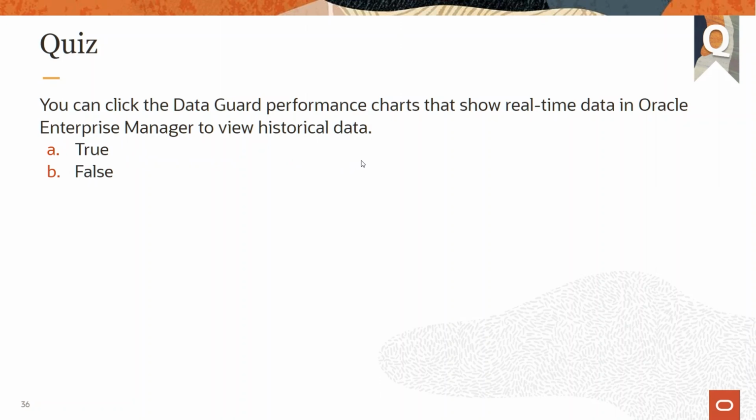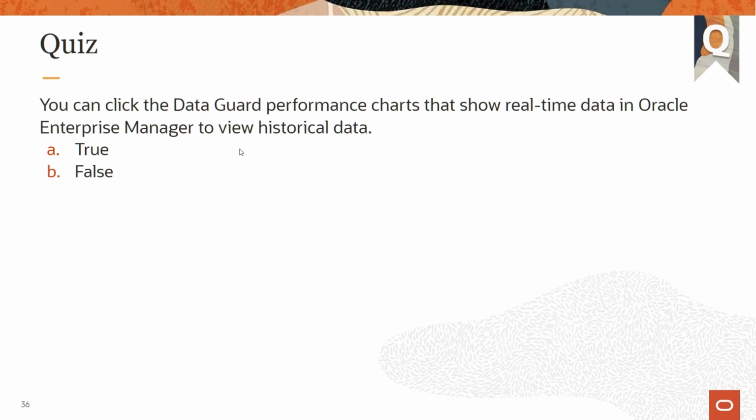But just try to understand the meaning of this and also what information is available through the Data Guard performance page. Real-time data is available. Okay. When you set the view data option to 15 seconds or 30 seconds, it gives you the most current 1 hour worth of data.